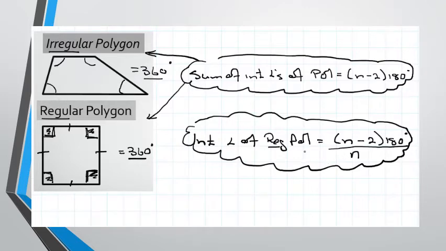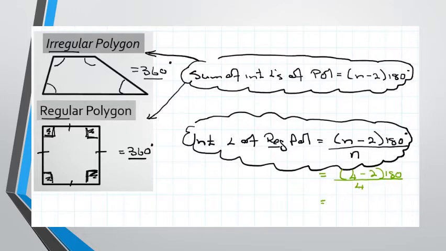Let's just see quickly if we can find the 90 degrees. It's always nice to do a test where I'm going to have the number of sides be 4, minus 2, multiply 180, divide that by the number of angles, 4.